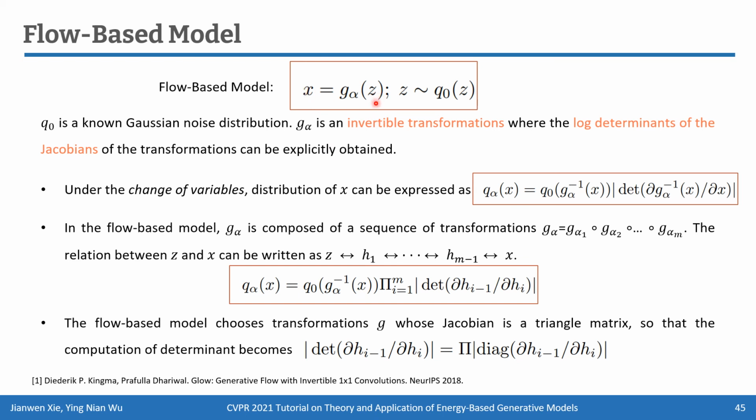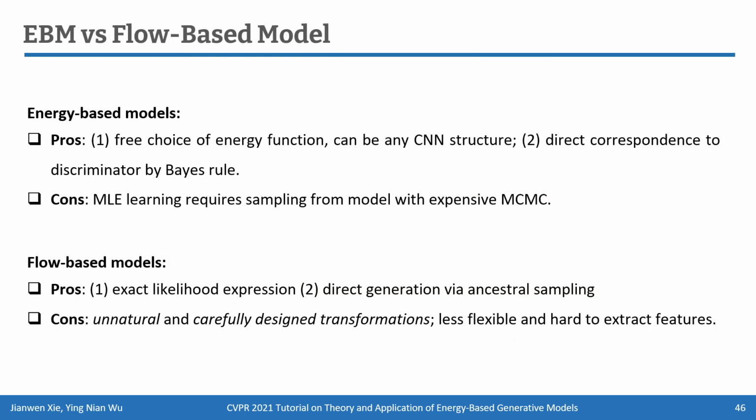Z is the original noise, and we use a sequence of transformations, letting g of alpha be the composition of the sequence of transformations, and then we get x. Z is often assumed to be Gaussian white noise, and after this transformation, using the change of variable, we can obtain the normalized density of x in closed form. We use this type of model as the noise model because it gives a very good approximation to the data density. If we compare the energy-based model with the flow-based model, the energy-based model has a free form.